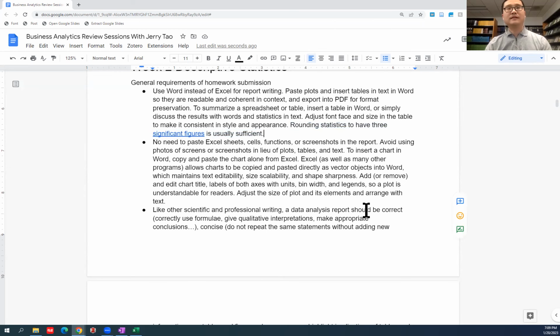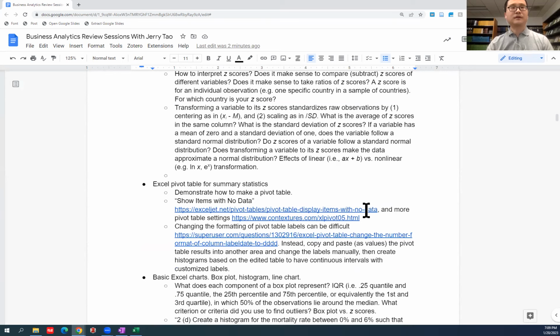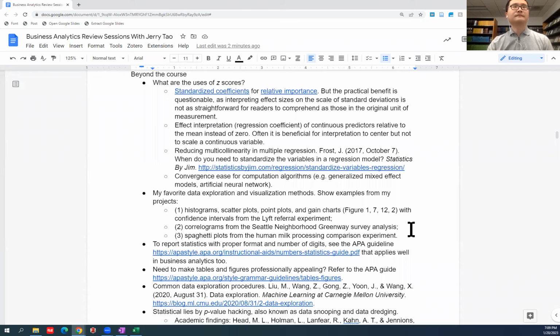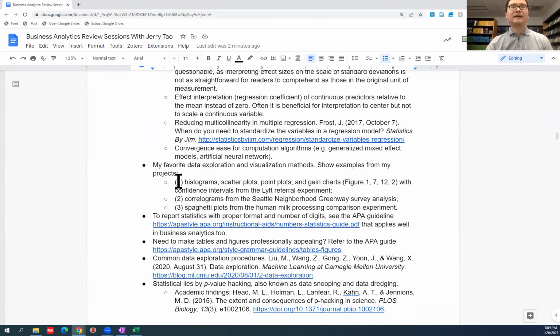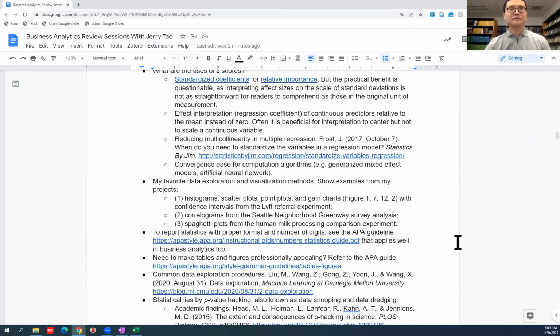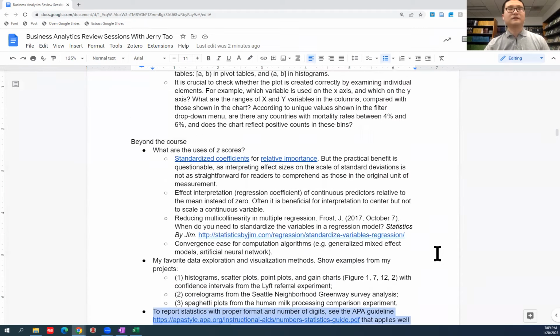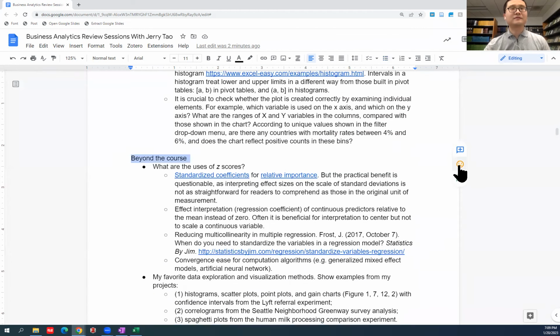I also included additional reference if you ever need to write reports for your profession, or needed to be more appealing. You can follow the guideline provided by APA, the American Psychological Association. The link is here, but these are not required for any parts of our course. So that's why it's listed under the beyond the course part.